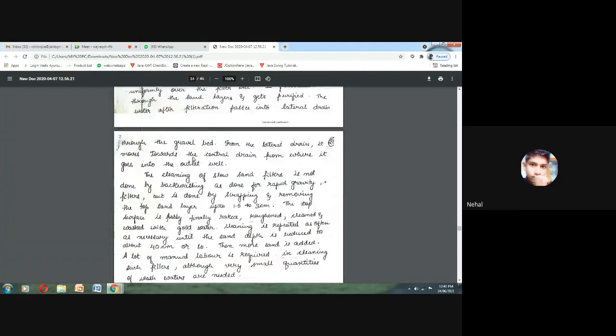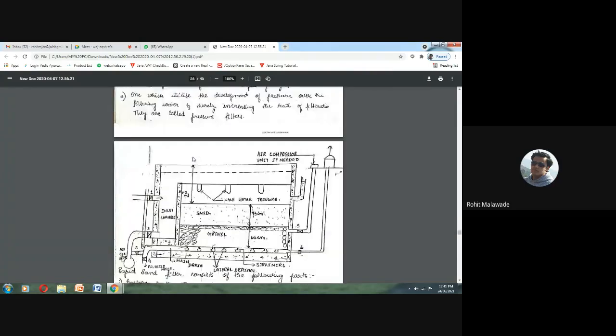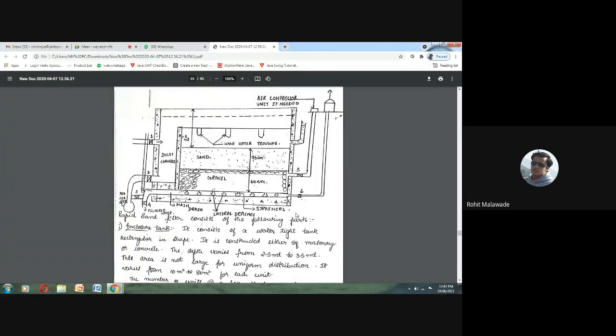Okay. Now we are going to move towards the rapid sand filter. This is the diagram of your rapid sand filter. In your main exams, this will be one of the important questions. Explain rapid sand filter, explain the construction and working of a rapid sand filter, or explain the backwashing of a rapid sand filter.